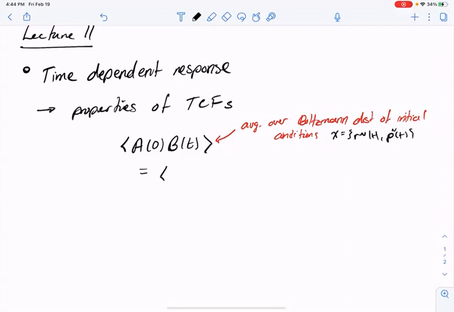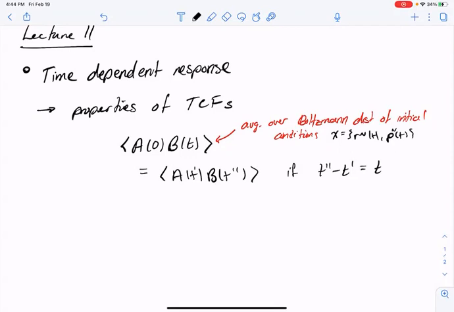Namely, I could rewrite that time correlation function as a function of A at some T prime, B at some T double prime, if T double prime less T prime has the extent T.